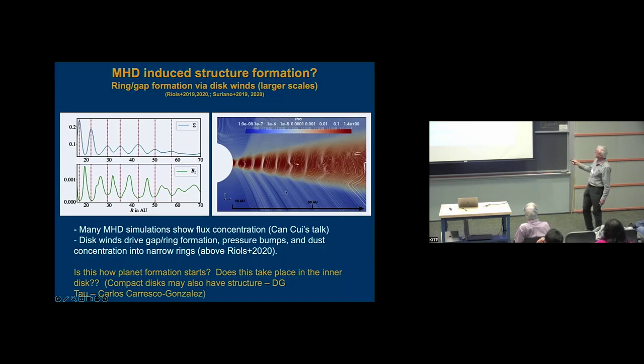Okay? In this nice picture in work by Suriano and Riols, you see this anti-correlation between disk density and magnetic flux strength. I would love to have a Zeeman map of a disk which would test this. Too bad ALMA can't do it.